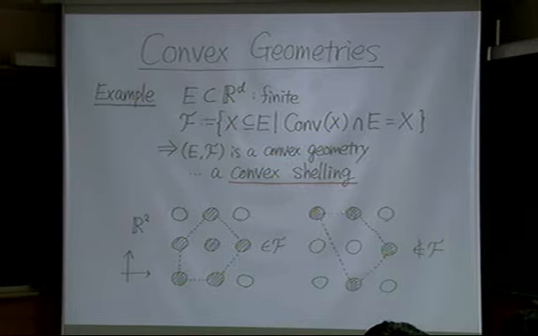But these 4 points are not in the family F. This is not a closed set, because the convex hull contains another point in E, so this is not a closed set. This is an example.